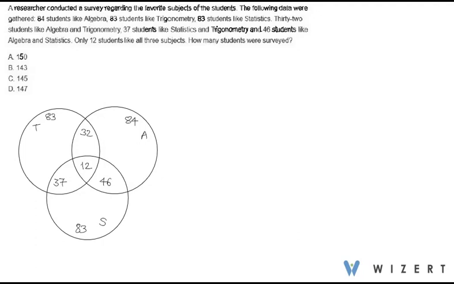If I add 83, 84 and 83, that is trigonometry, algebra and statistics, all students, what I have done, I have added these three overlapped portions 3 times.